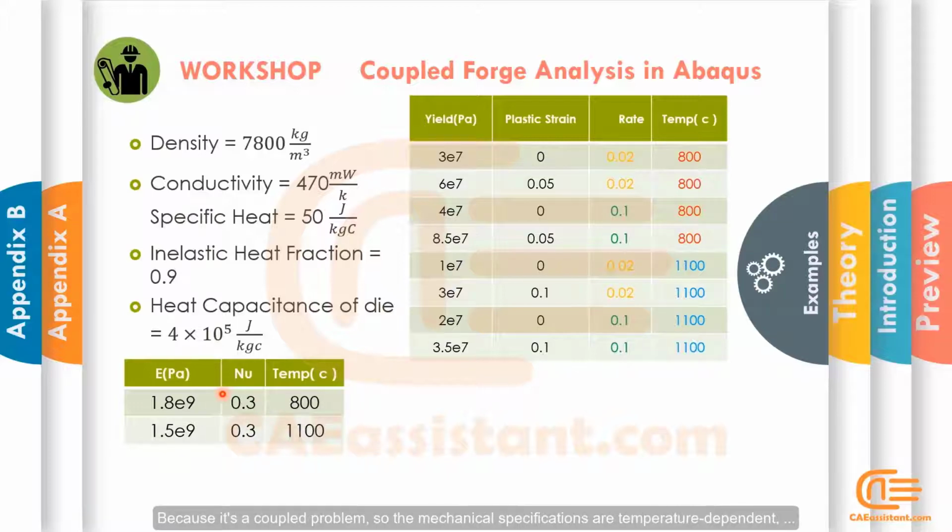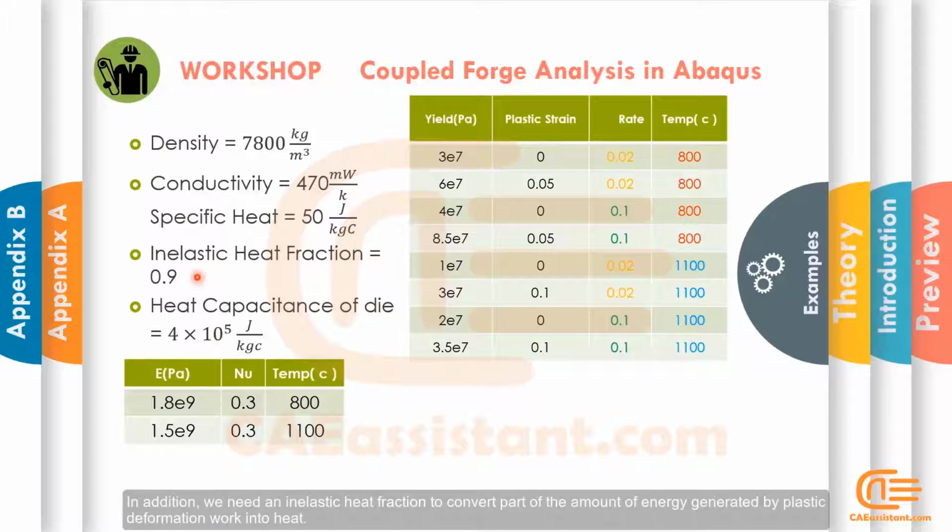Because it's a coupled problem, the mechanical specifications are temperature-dependent. And because we use explicit solver, we have to define density. In addition, we need an inelastic heat fraction to convert part of the amount of energy generated by plastic deformation work into heat.